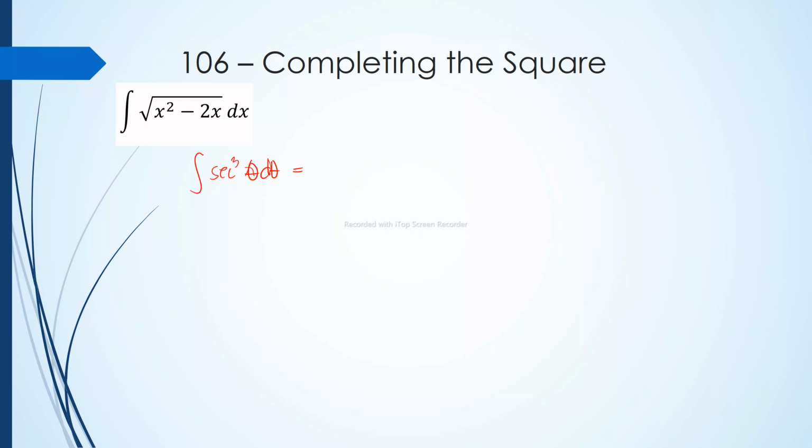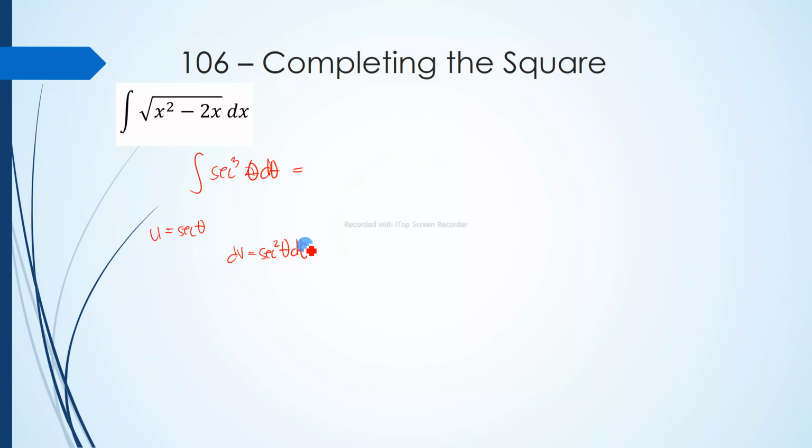So what we're going to do with this one is use integration by parts in the form uv minus integral of v du. So our u should be secant theta, and therefore our dv is secant squared theta d theta.